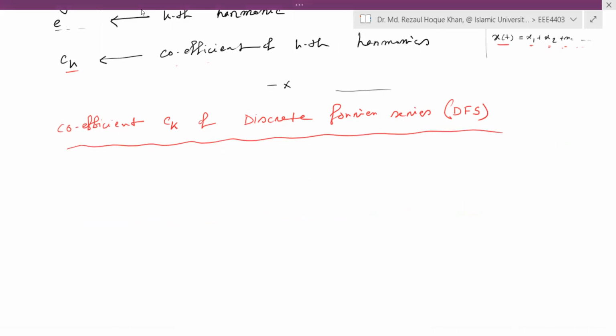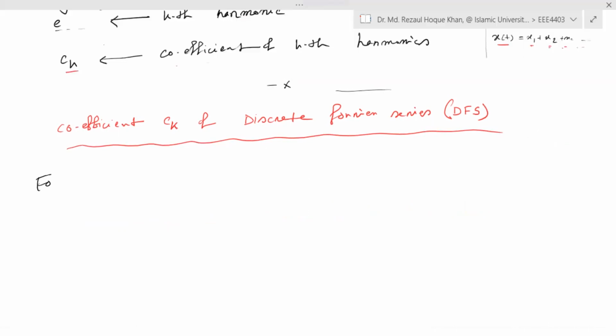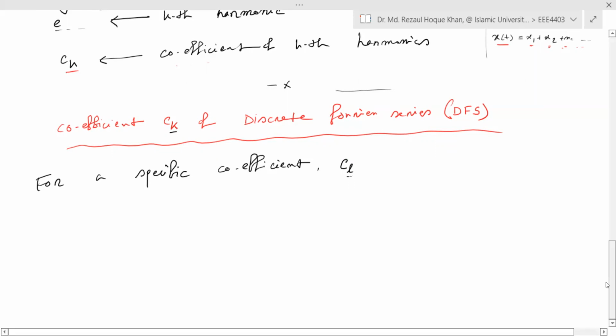Let's give it a name, L. This k is variable, from minus infinity to plus infinity, but this L is a fixed one. For example, the 5th, 10th or 20th harmonic, the coefficient of the 20th harmonic. So it's a fixed value.